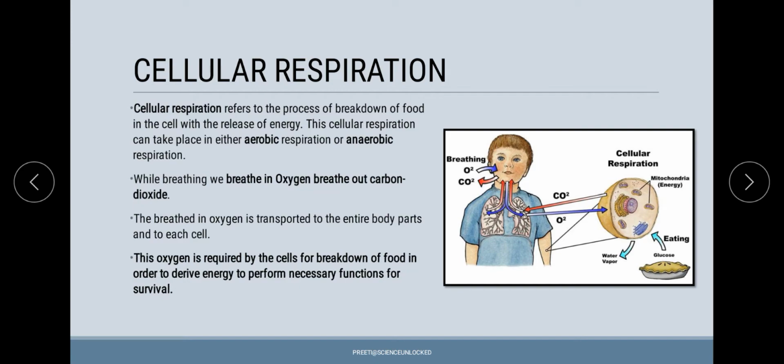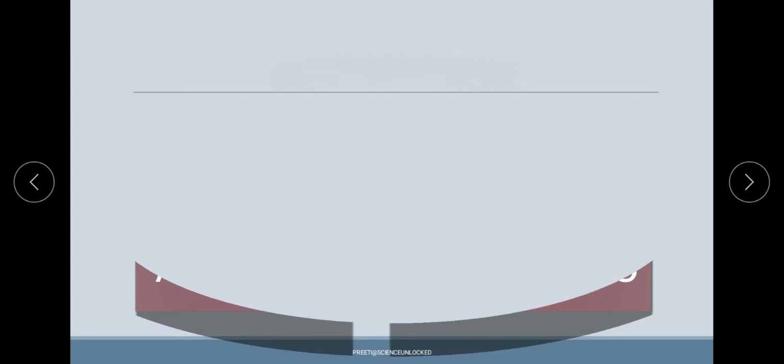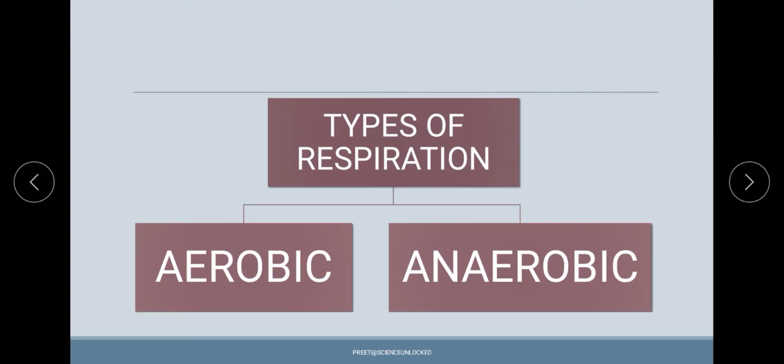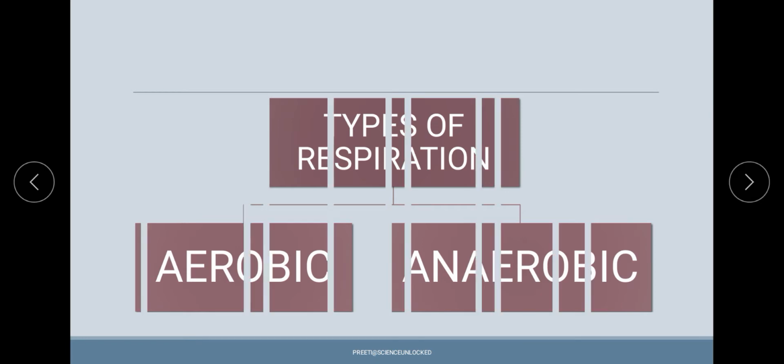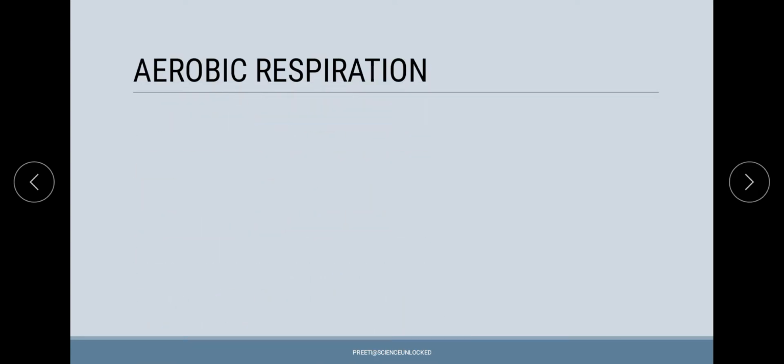Now, depending on the different situations in our body, we have two types of respiration: one is aerobic and the other is anaerobic. The first kind is aerobic respiration.